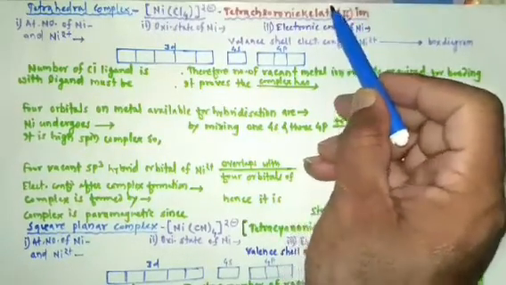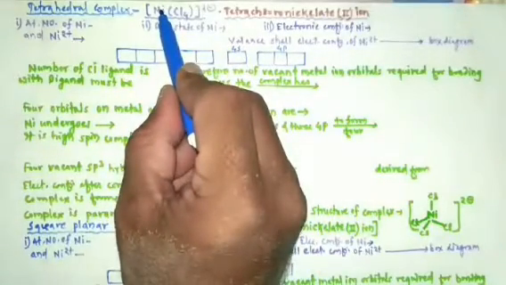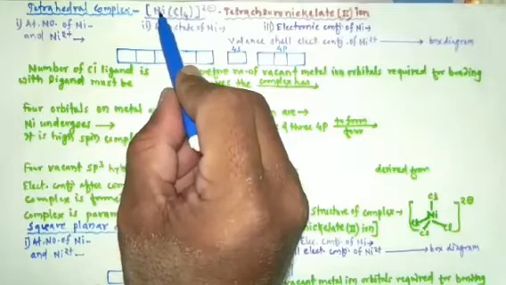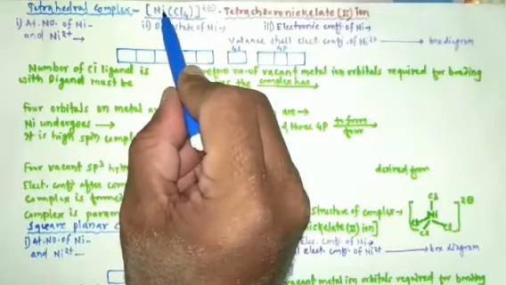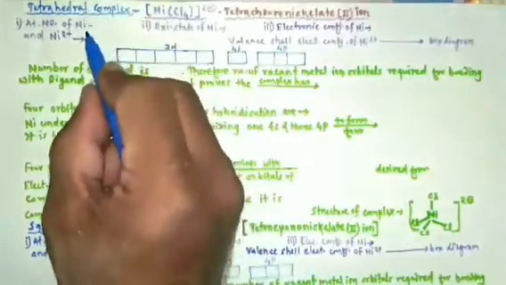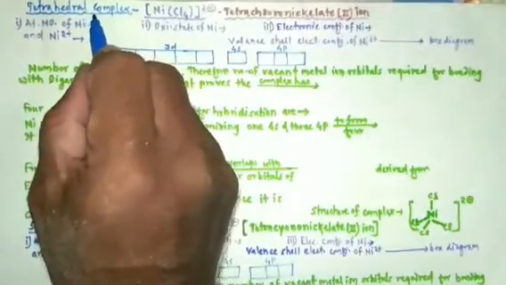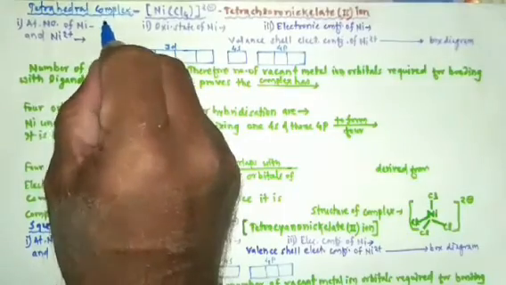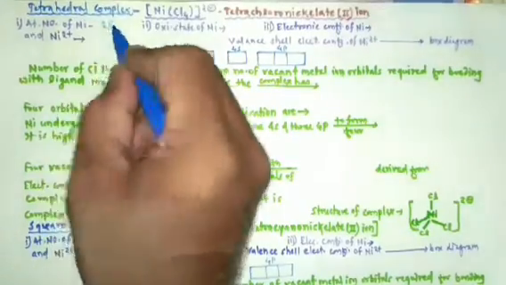So in this complex, the central metal atom or ion is nickel. The atomic number of nickel, that is Ni, is 28.